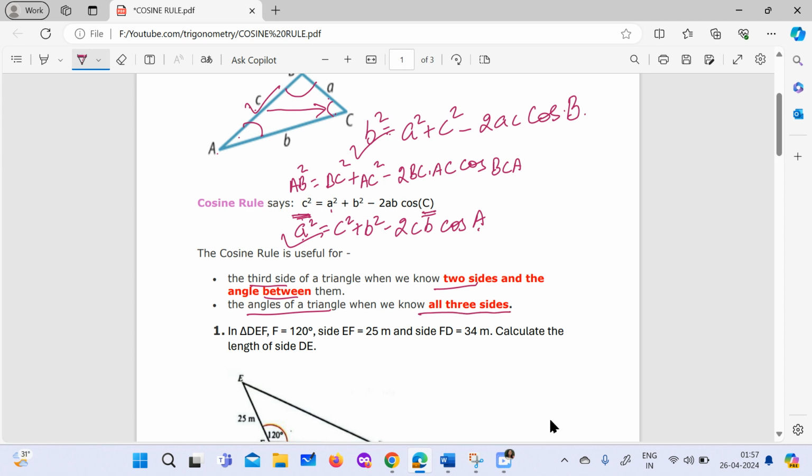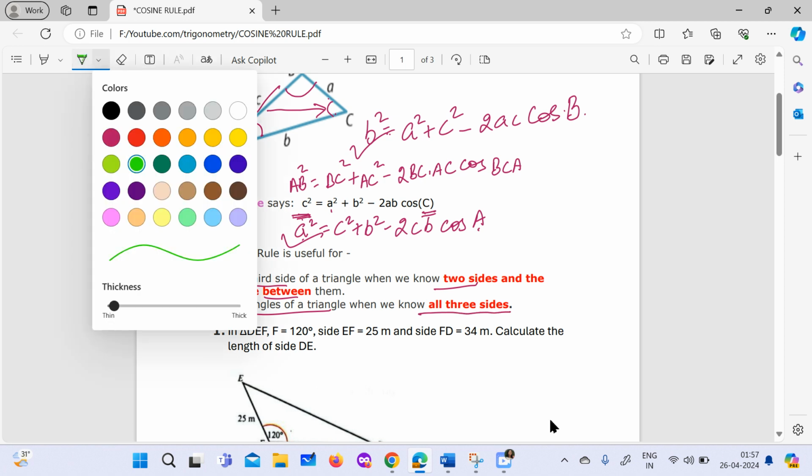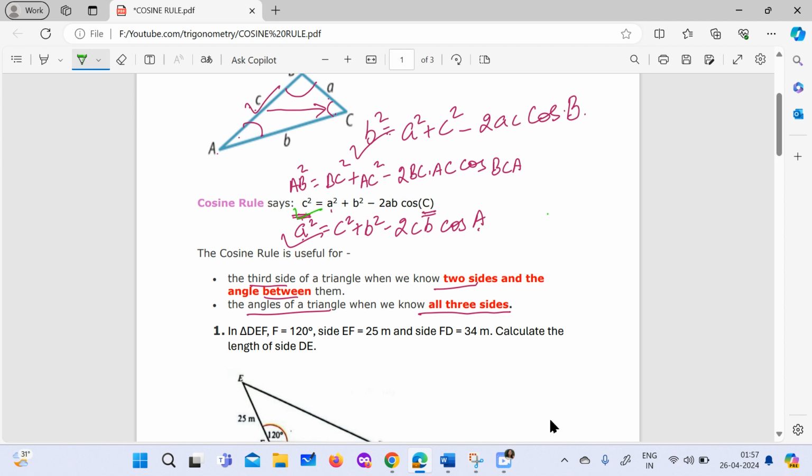So this you can understand with the formula given here. See, c square, which refers to one of the sides, this refers to another side, and this refers to third side, minus 2ab and one of the angle cos c. Okay, now we can also rewrite this formula with reference to the angle itself.